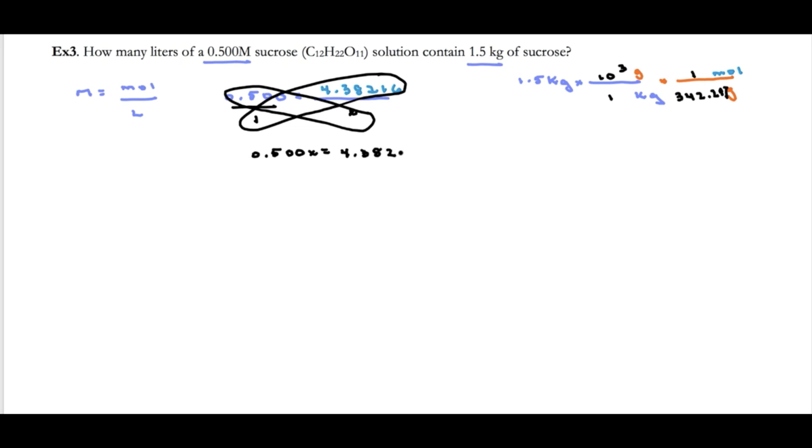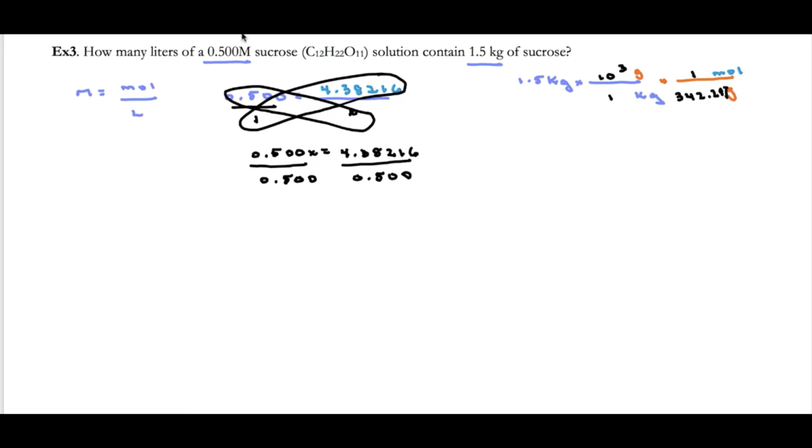So hopefully you didn't take the 4.38216, etc., out of your calculator, because then all you need to do to solve for x is divide it by 0.5. And that will end up giving you your volume in liters. So I'm going to divide by 0.500.